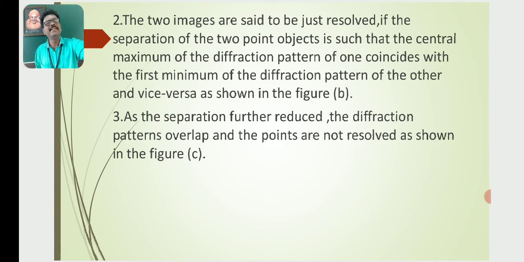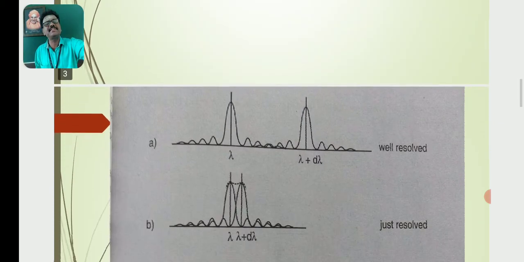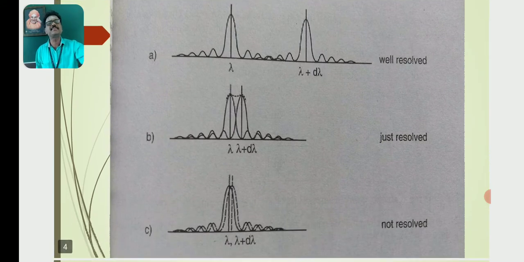These three factors are explained by Rayleigh's criterion.